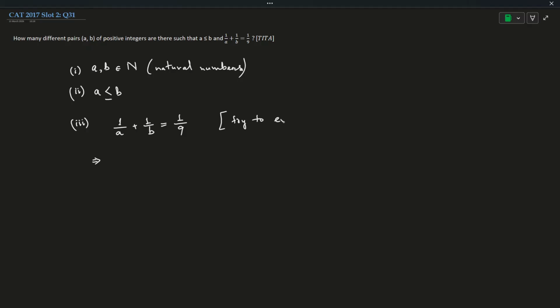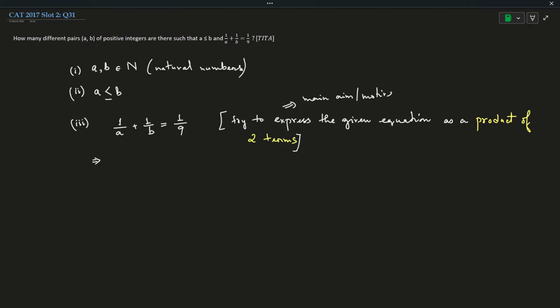Try to express the given equation as a product of two terms. Guys, what did I say? I said product. Very important. This is the main aim or motive in these types of questions.